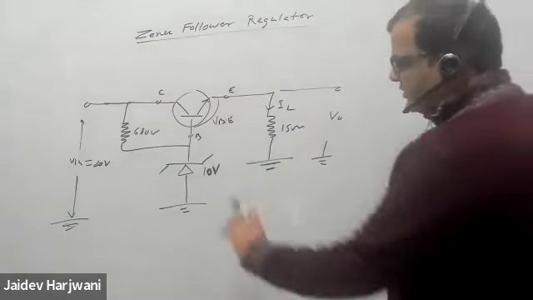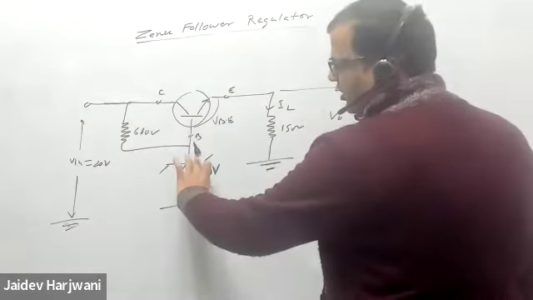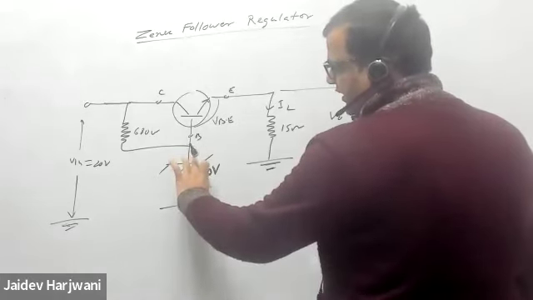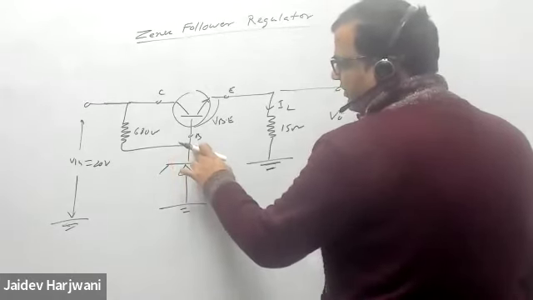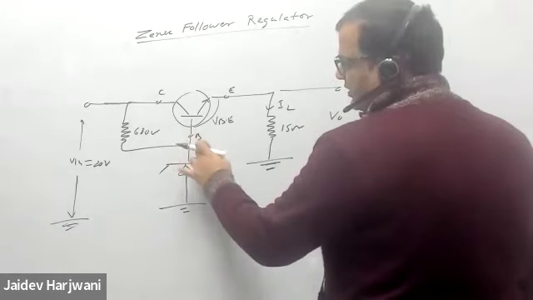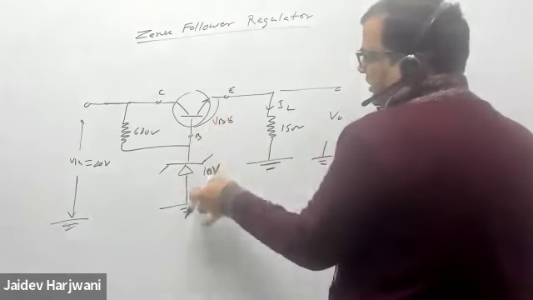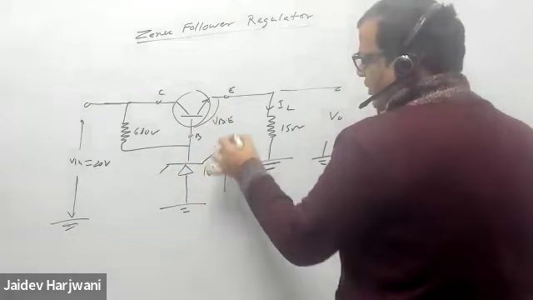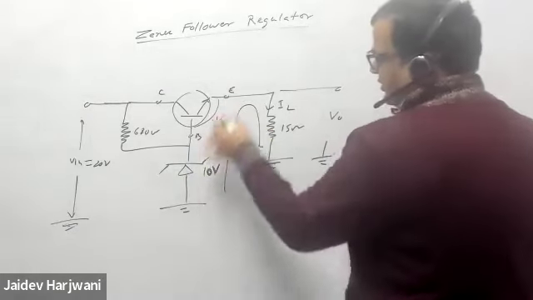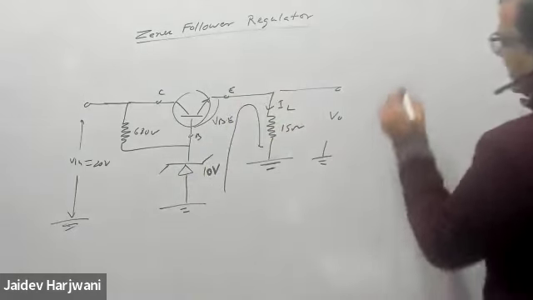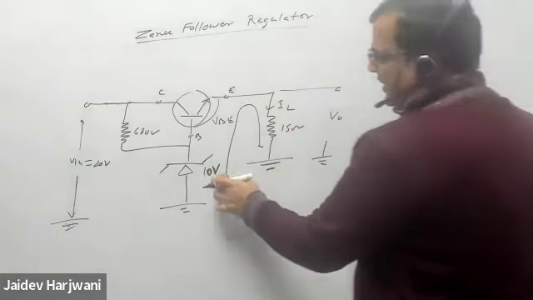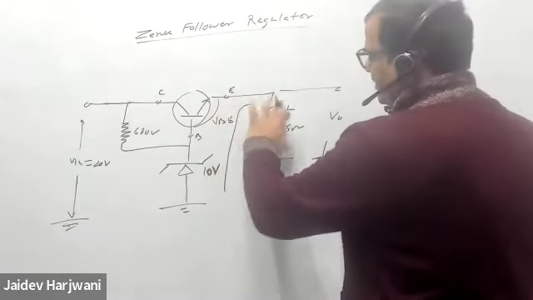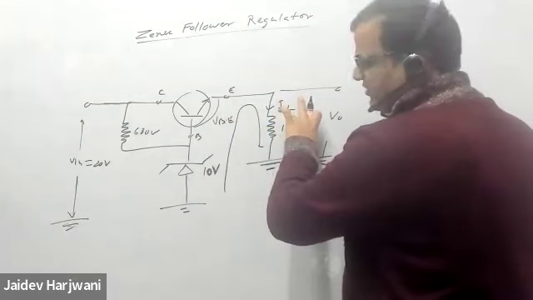Now, if this Zener is on, then automatically this point VB will be 10 volt. And if I apply the output equation in this circuit, from minus VZ, if it is on, then this is 10 volt, 0.7 volt, and automatically this voltage will become fixed.